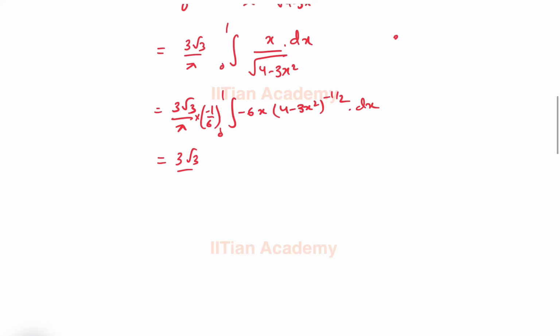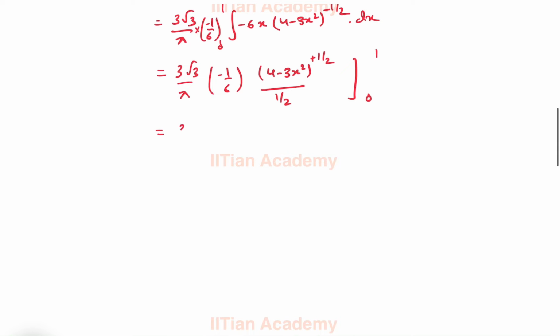Now this whole integration will come out to be 3 root 3 by pi into minus 1 by 6 into 4 minus 3x square raised to the power plus half divided by plus half, limits ranging from 0 to 1.